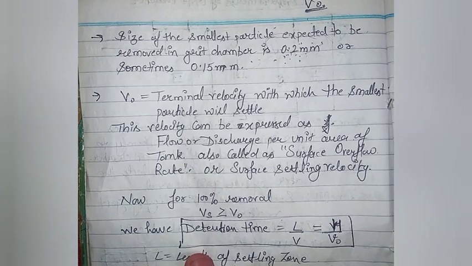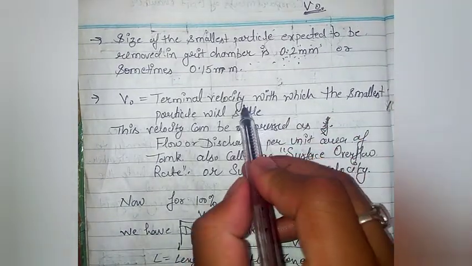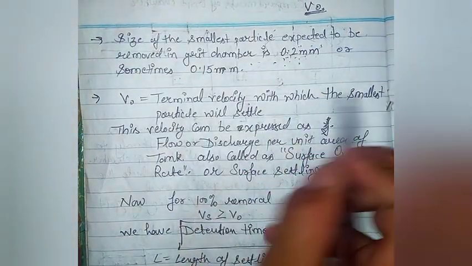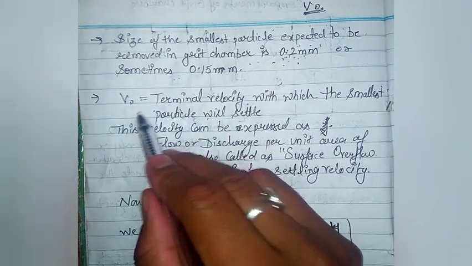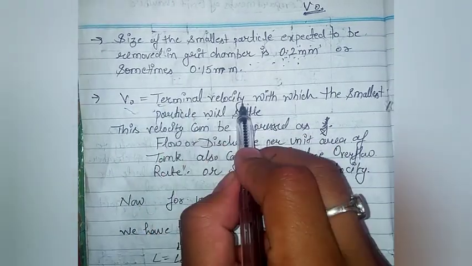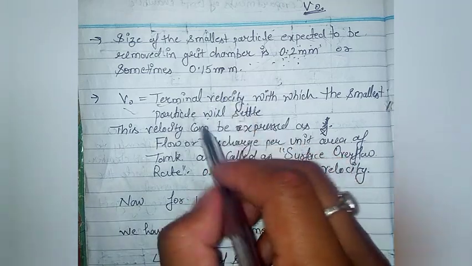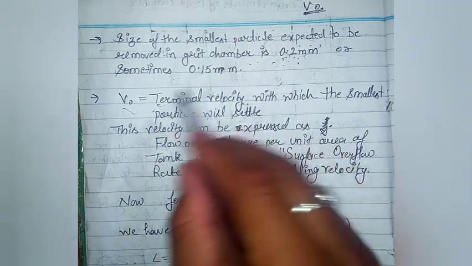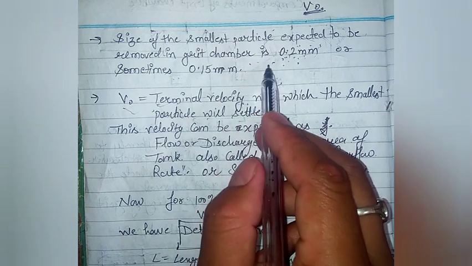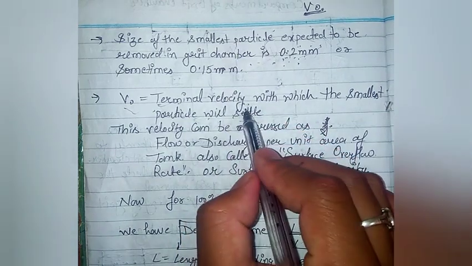So now let V naught be the terminal velocity with which the smallest particle will settle. We have discussed this is called the terminal velocity, the velocity with which the particle settles down.